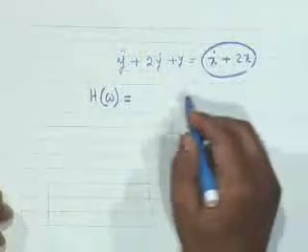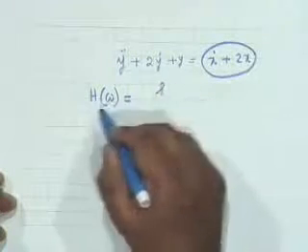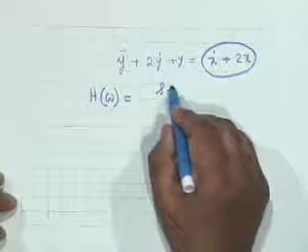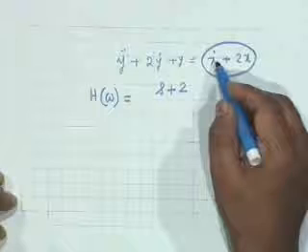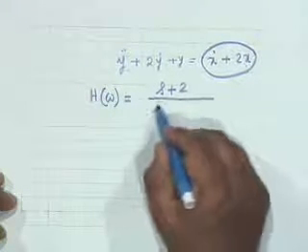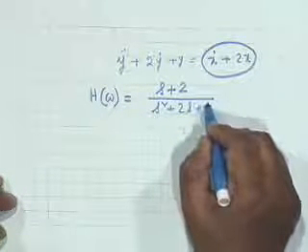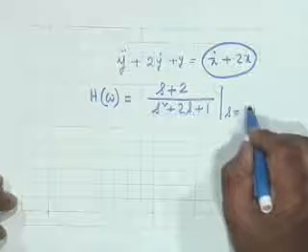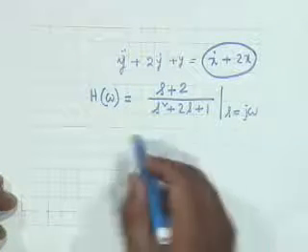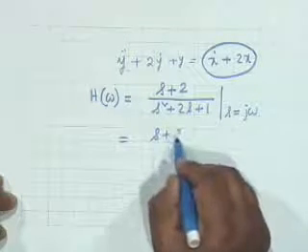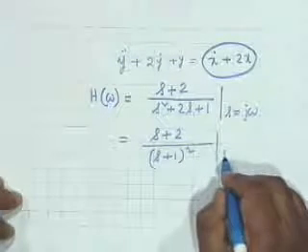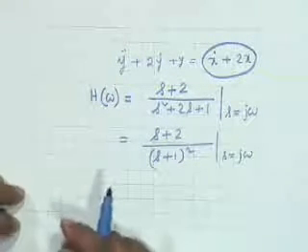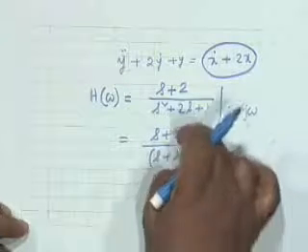If you want to work in the frequency domain, then this is a much simpler method, because your frequency response function now becomes, by inspection, s plus 2 divided by s squared plus 2s plus 1 with s equal to j omega. Now this is s plus 2 divided by s plus 1 whole squared. I do not know the inverse transform of this.